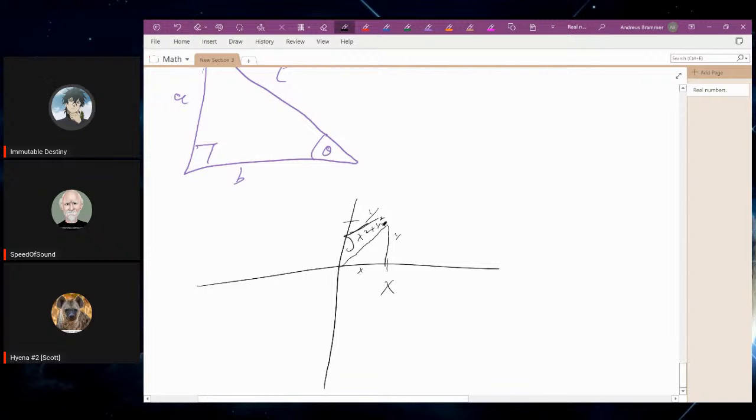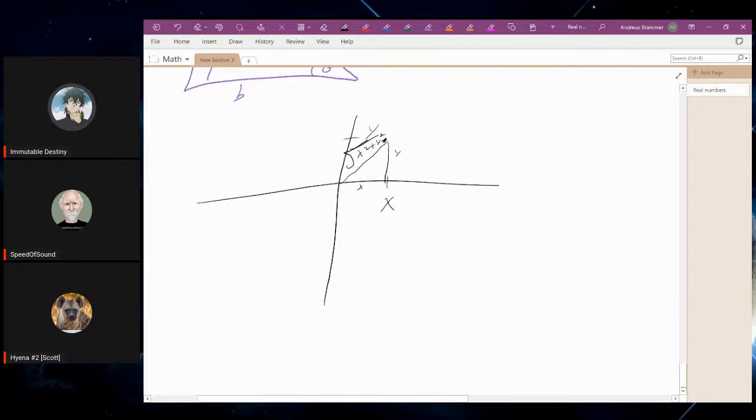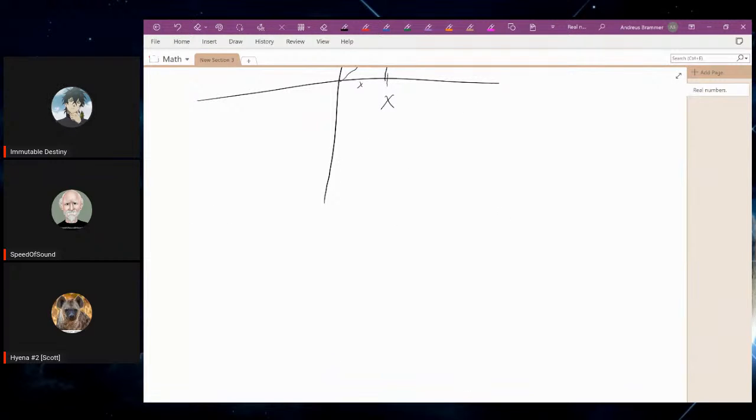And that's actually rather useful. So this is why complex numbers are treated as vectors in a way.